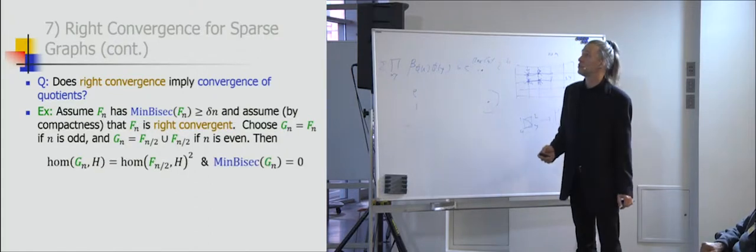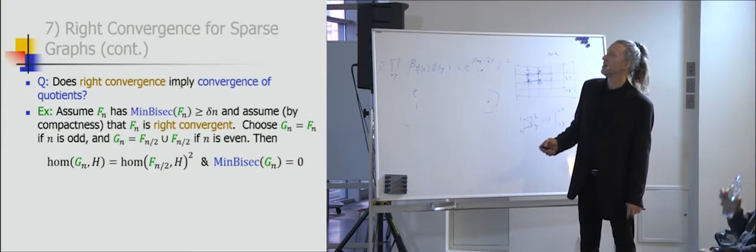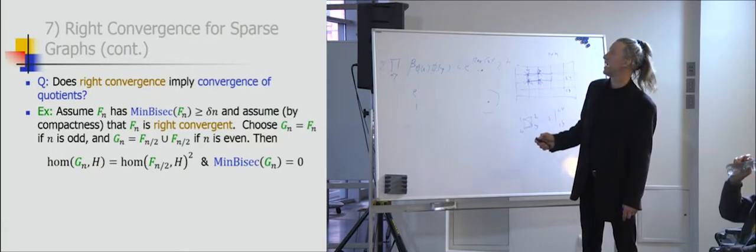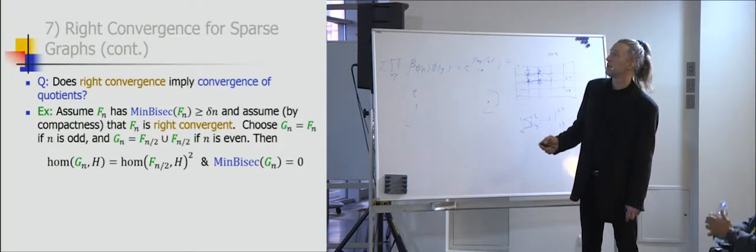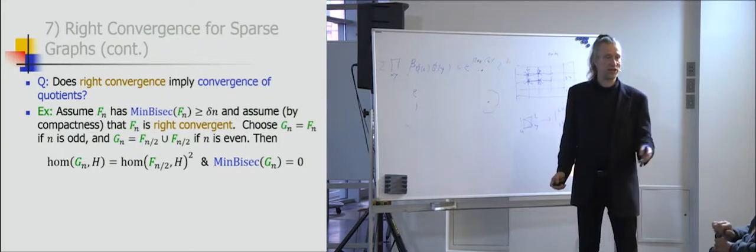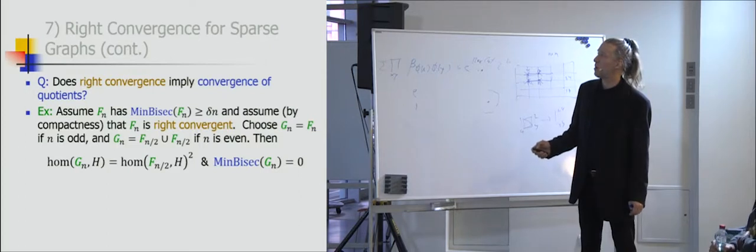Okay, so what do we have? If you calculate the homomorphisms of these graphs, for odd n you just get the one with Fn. For even n, you get a disjoint union, so the homomorphisms just factor into the homomorphism on one part and the other, so you get just the homomorphism of this squared.